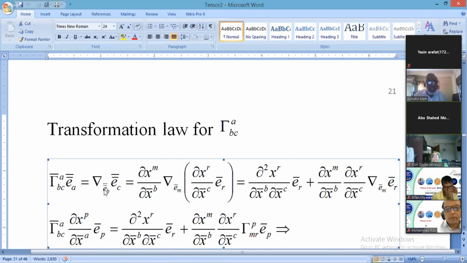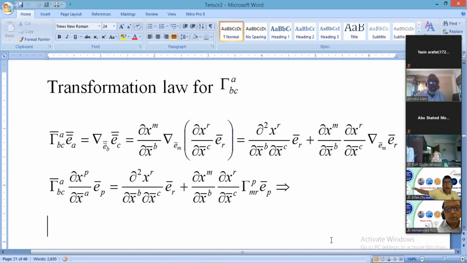Now we take this transformation law. This goes to this one, and the transformation law of this is this one. We take the covariant derivative by simply the differentiation process, term by term, differentiating this from this and keeping this out, and differentiating this with respect to this, keeping this out. This is the simple way to find this.